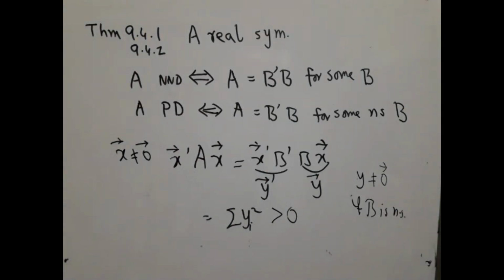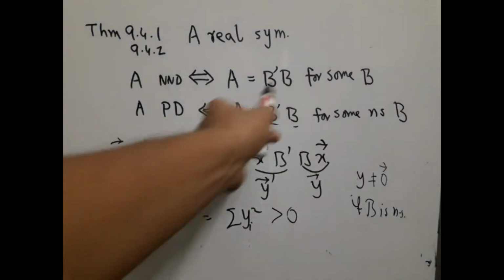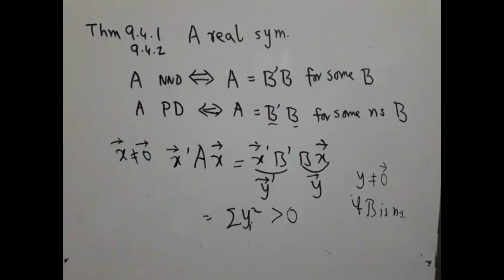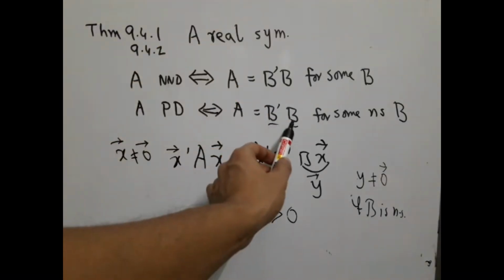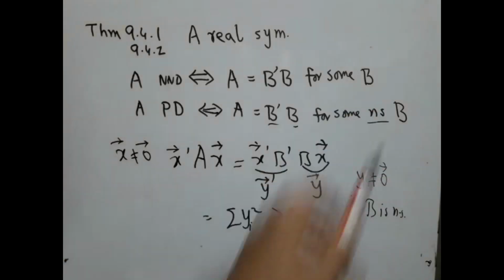Now this is a very important result because this will be part of your thought process. Whenever someone says, suppose something is PD, immediately you think of it as some B transpose B, because this structure itself takes care of the PD nature. Now the condition reduces to something much simpler, namely non-singular.